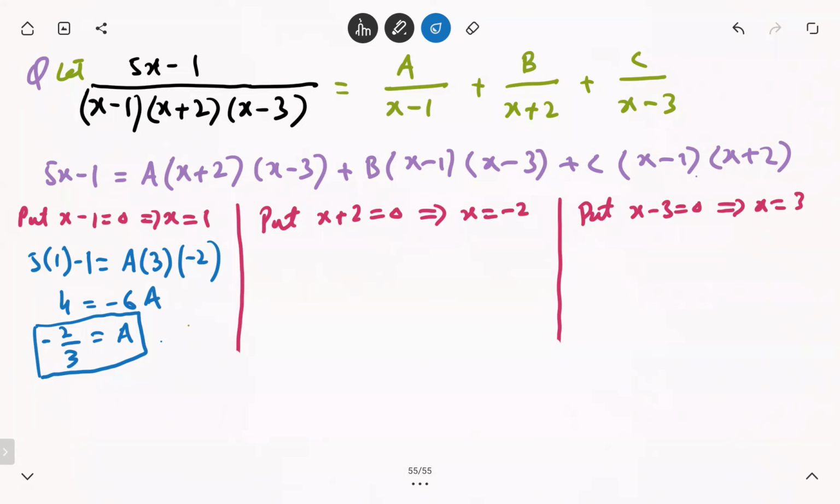Faida, did you get the value of B? What is that? Minus 11 by 15 or 13? Negative? Minus 11 over 15. Bilal, Murtajiz, they're also saying it's minus 11 by 15. So B is minus 11 by 15.